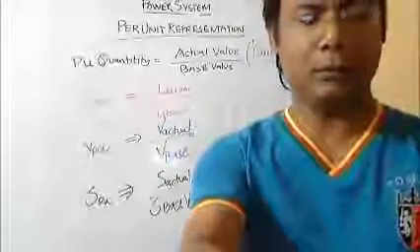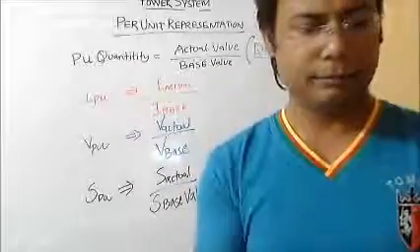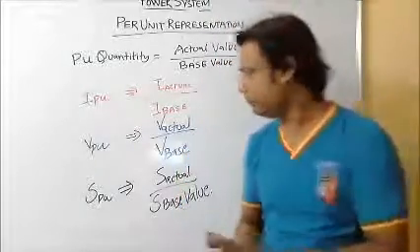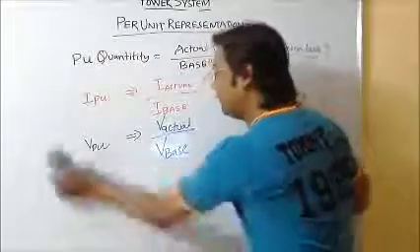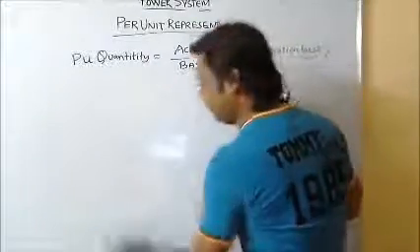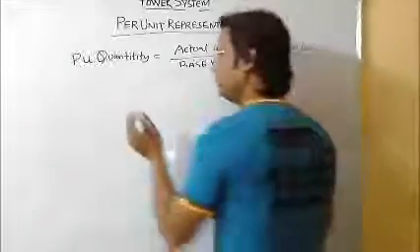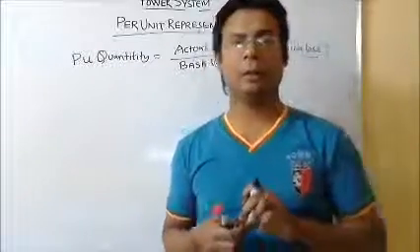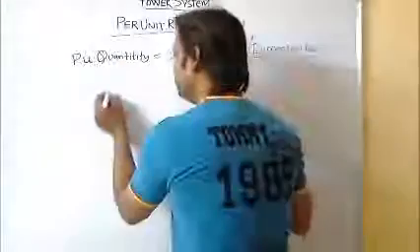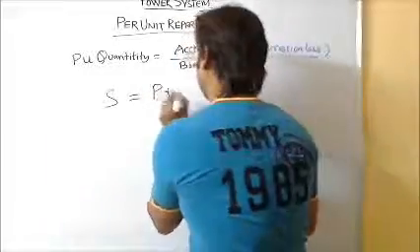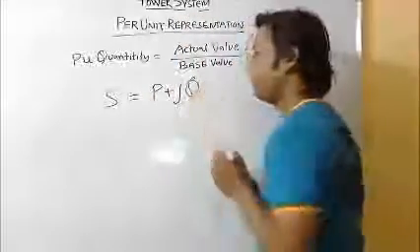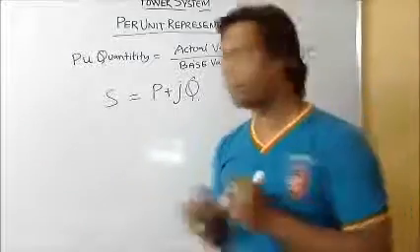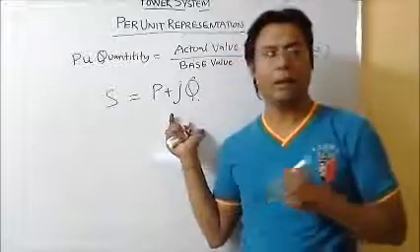Coming to another part, how to determine the power? We can have power as S, which is equal to P plus jQ, where everybody knows that S is the apparent power, P is the active power, and Q is the reactive power.